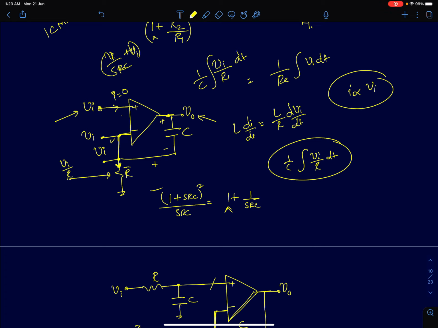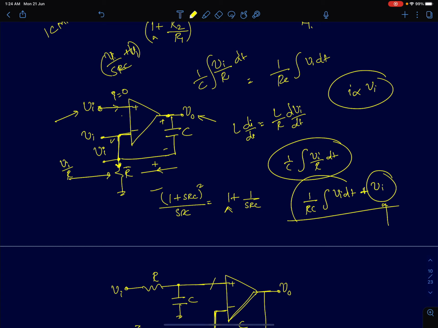So the voltage across the capacitor is actually 1 by RC integral VI dt plus the voltage across the resistor, which is VI. So we are getting an additional term which is proportional to the input, and if you want to eliminate this, you can subtract VI out of it, and that subtraction can be performed using an additional op-amp.